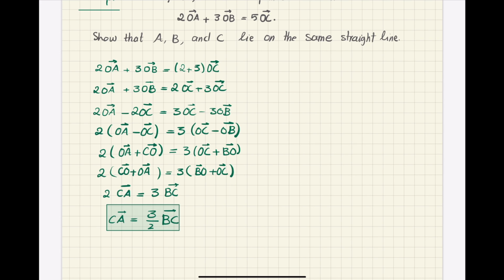We can at least conclude that BC and CA are parallel. That's it. This is very important.